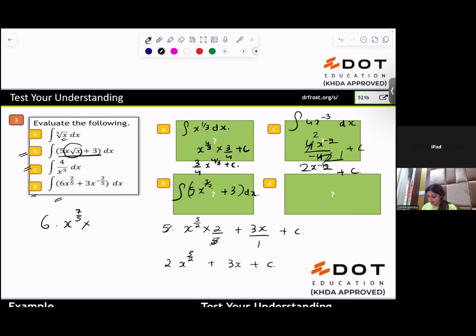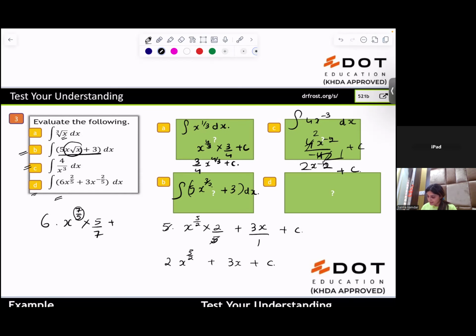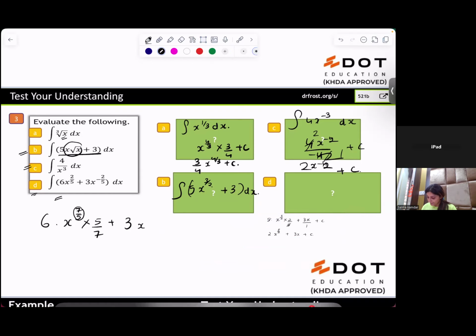That means multiply by the reciprocal of this, plus next one, 3x, add 1 to the power. This is going to become x raised to 3 by 5, divided by the new power. So I'll multiply by the reciprocal of this.